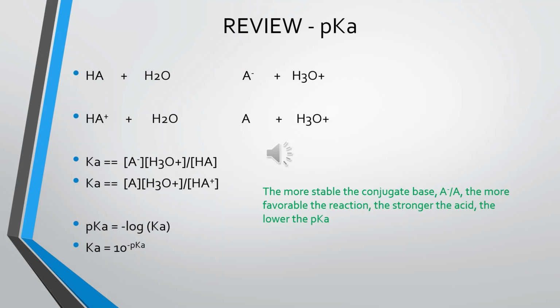The more stable the conjugate base, the more favorable the reaction. And by reaction, what we mean when we refer to Ka or pKa, we are always referring to water being in the role of the base. Always, always, always. Okay? And so, again, the stronger the acid, the lower the pKa, and that follows from what you see here in these definitions.